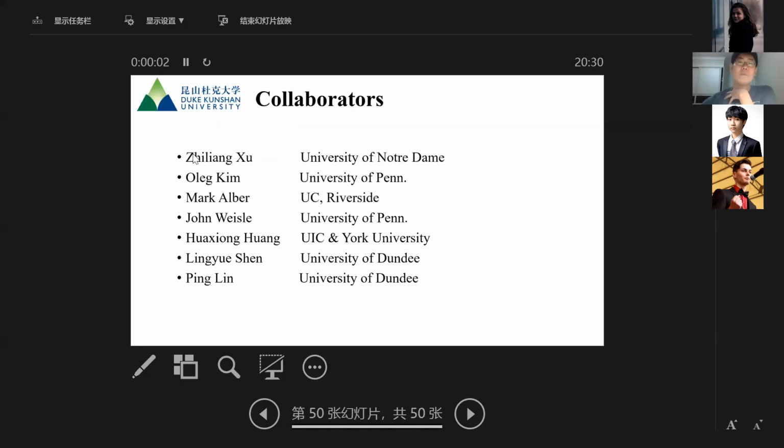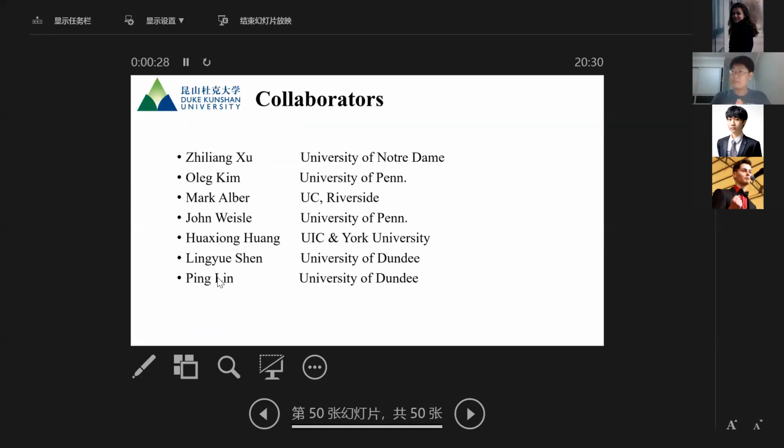Julian is an applied mathematician, and he's working on the model. And Huaxiong is also a mathematician working on the modeling with me. So these are the modeling collaborators; we have 3 members, including me, for the modeling part.